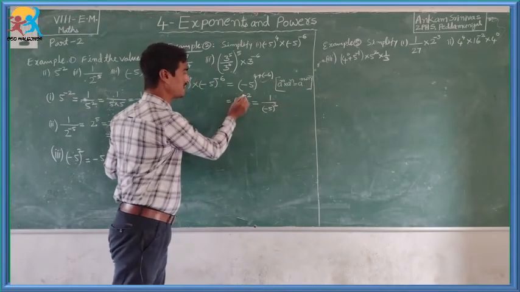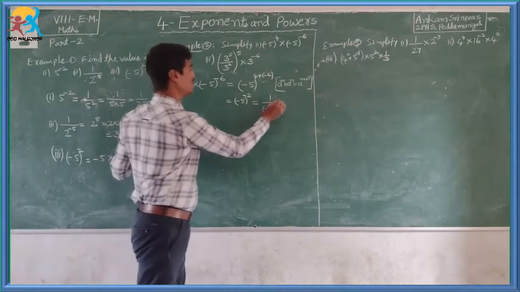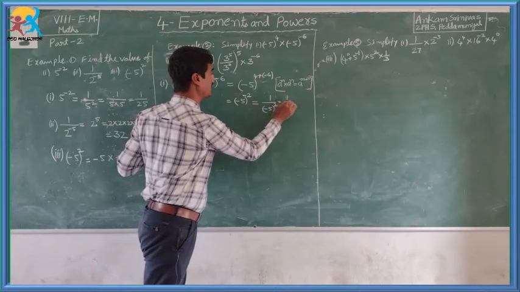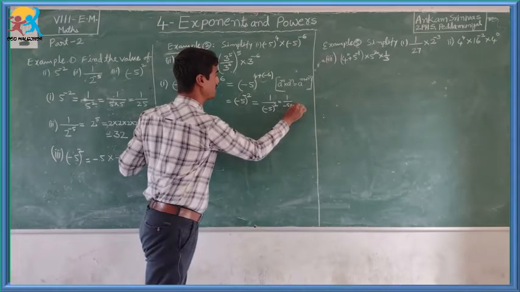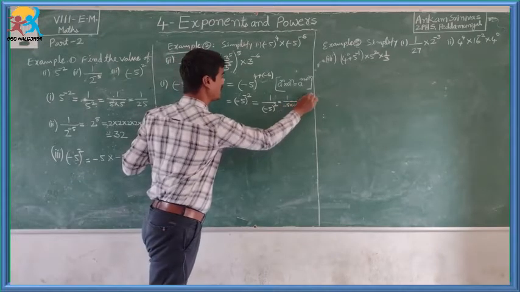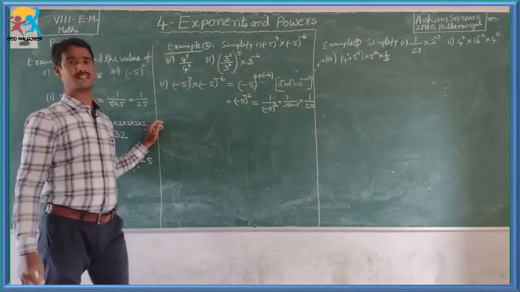So minus becomes plus, write the reciprocal. Here 1 by minus 5 into minus 5, we will get 1 by 25. Is it clear, children?